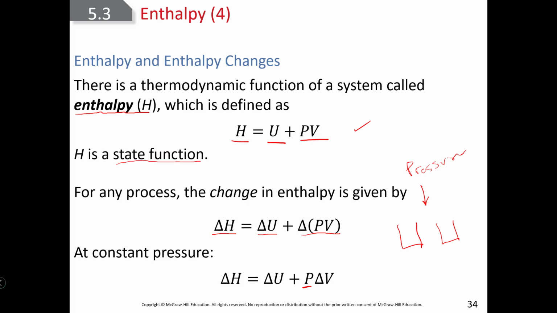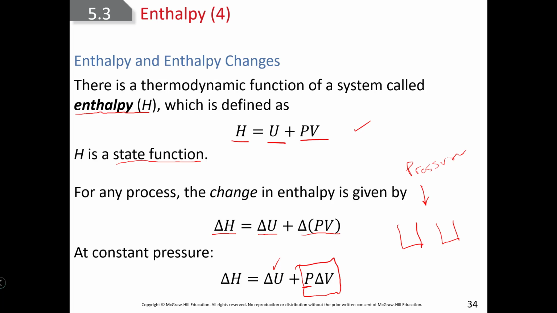So delta H, the change in enthalpy, is equal to the change in the internal energy, which we could find by doing heat at constant volume. So we can find this out by using a calorimetry experiment. And then we add in the pressure-volume work done, this part. This is what's new.